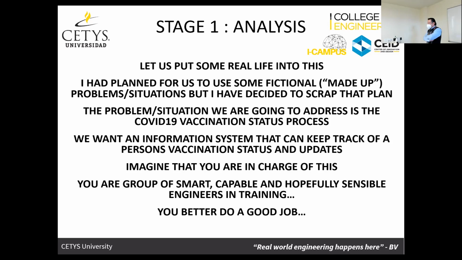Let me give you an example. I'm vaccinated. I have a vaccine here in Mexico, and I have a booster in the United States. I have a document here in Mexico that says I've been vaccinated here.